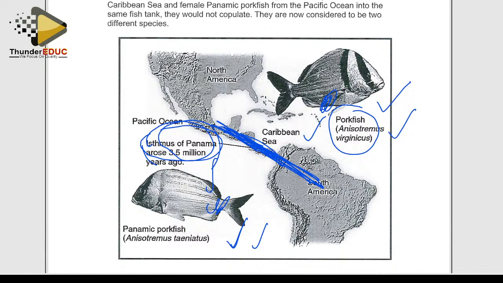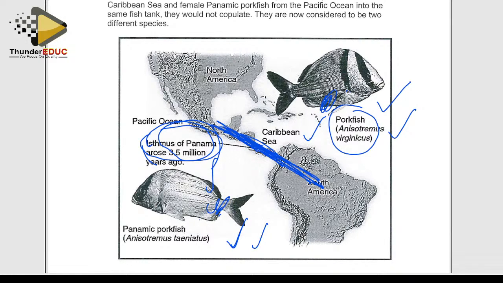You have to mention it. It formed two different groups of porkfish. There was no gene flow between these two because of this barrier, and natural selection occurred independently because of the different environment. One is cooler, one is warmer.